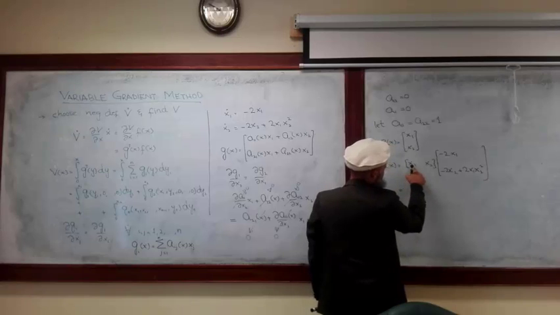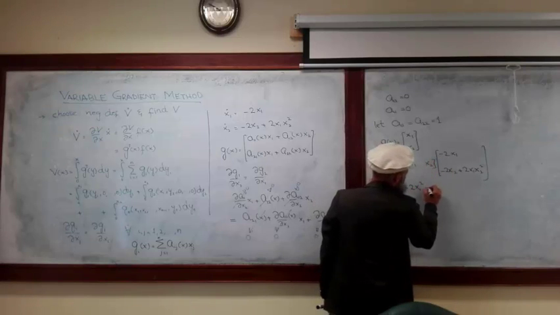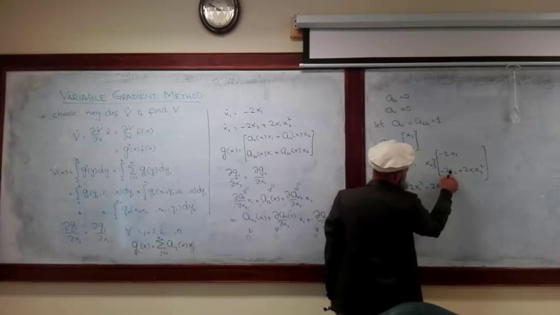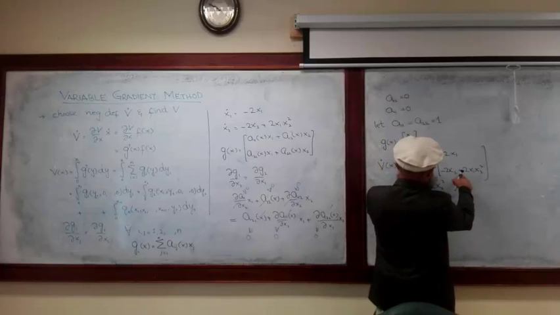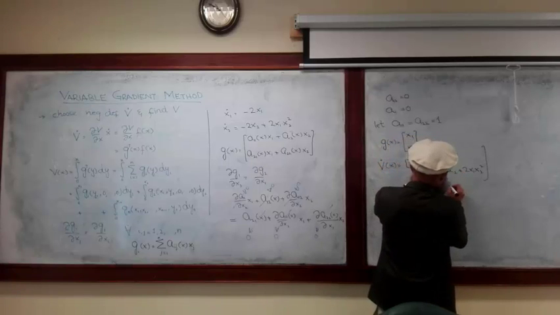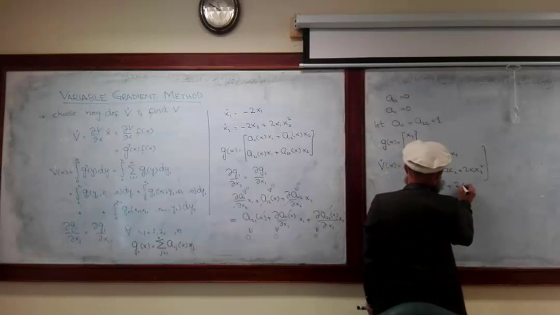So what do we get? This multiplied by this is minus 2x1 squared minus 2x2 squared plus 2 x1 x2 cube.